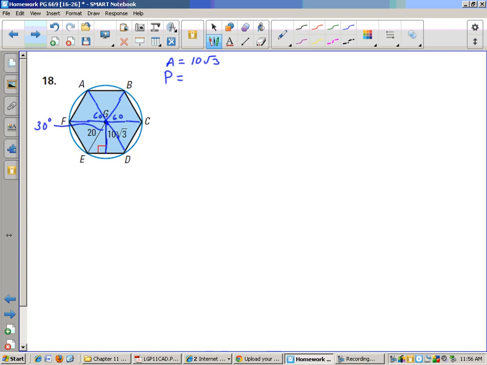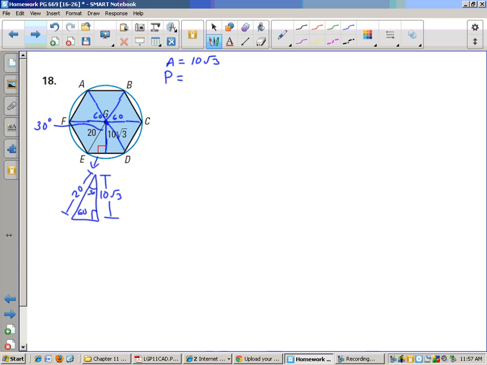It's easier almost if you just pull these shapes out. So I'm going to pull this shape out and draw it again. This is 20. This is 10 roots of 3. Yeah, this is 30. This is 90. What does that make this corner down here? Yeah. That's 60.